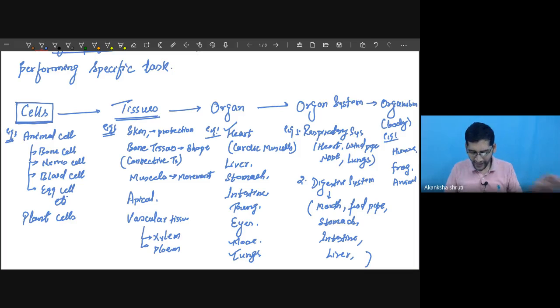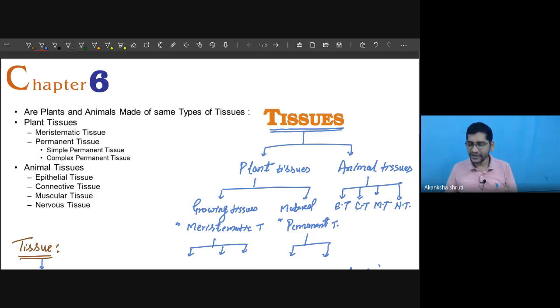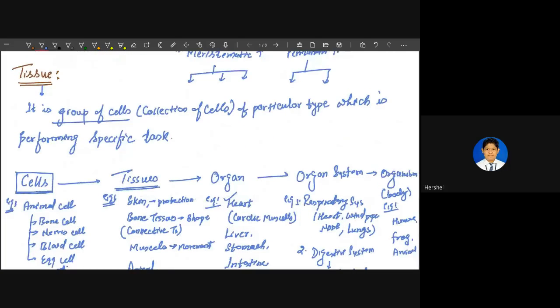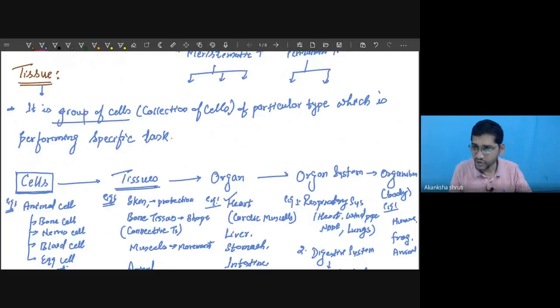Okay. So all these tissues, all those things we have to learn in this chapter. Okay, students. Here we have learned the basic definition of tissue: a tissue is a group of cells performing a specific task.